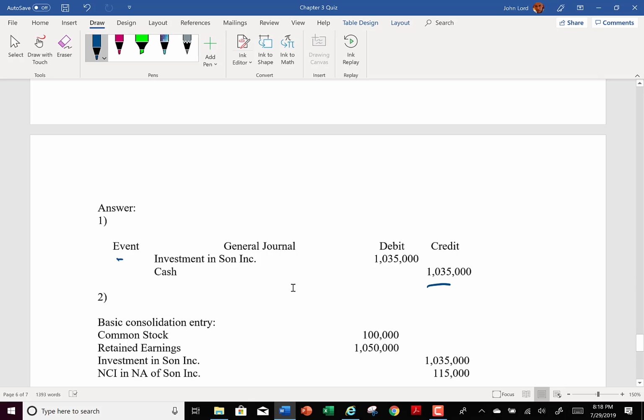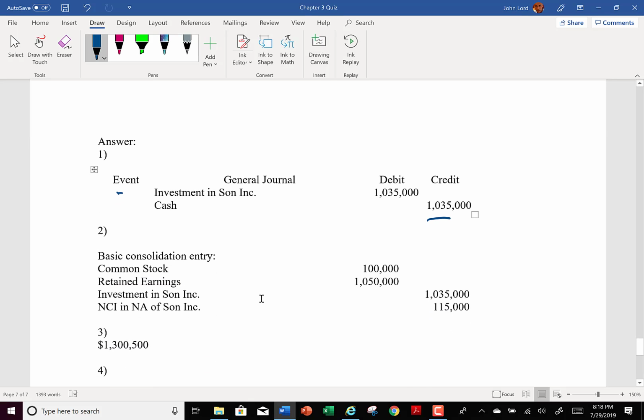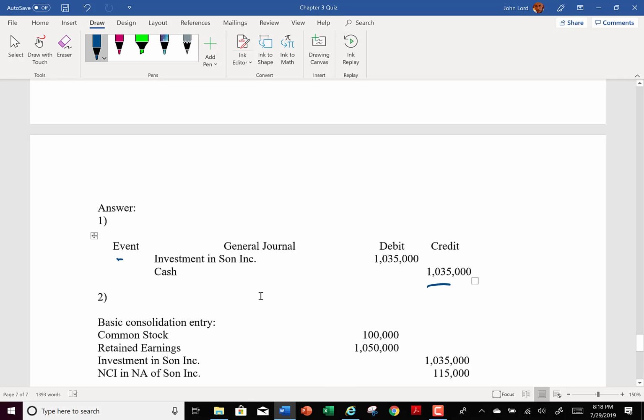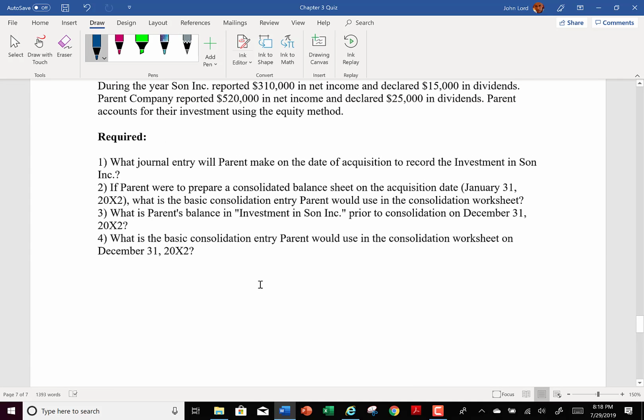Okay, then they want me to create the basic consolidating entry right after the purchase. So if parent were to prepare a consolidated balance sheet on the acquisition date, January 31st, what is the basic consolidating entry?